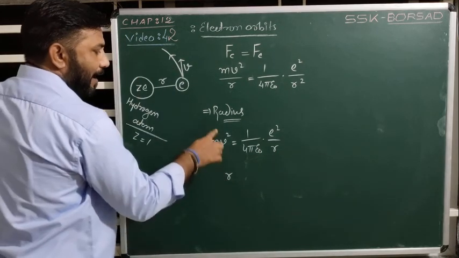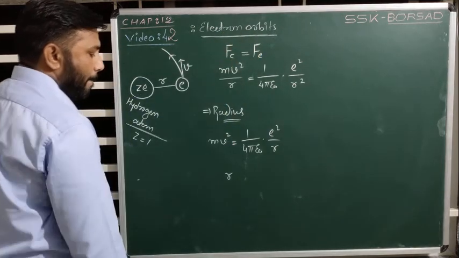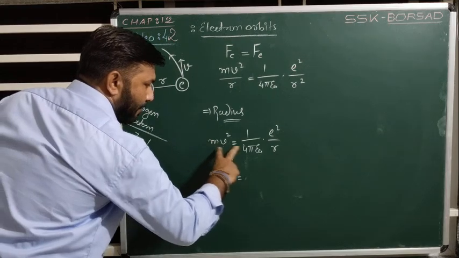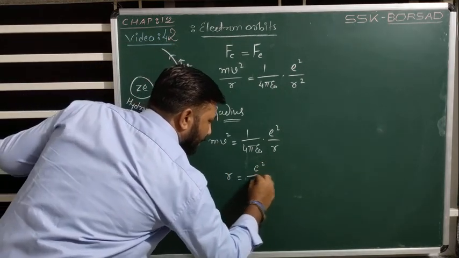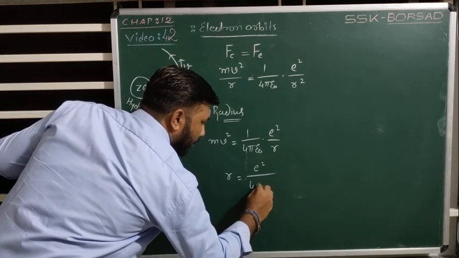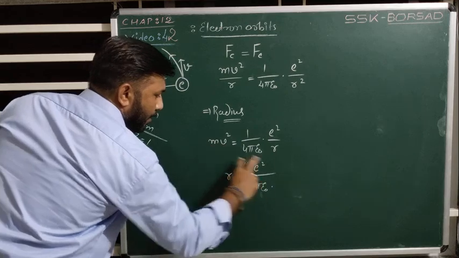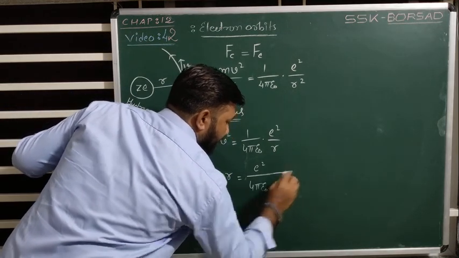r is the radius of the electron orbit. Take r on this side and mv square on the other side. So you will get r equal to e square upon 4 pi epsilon 0 multiplied by mv square.